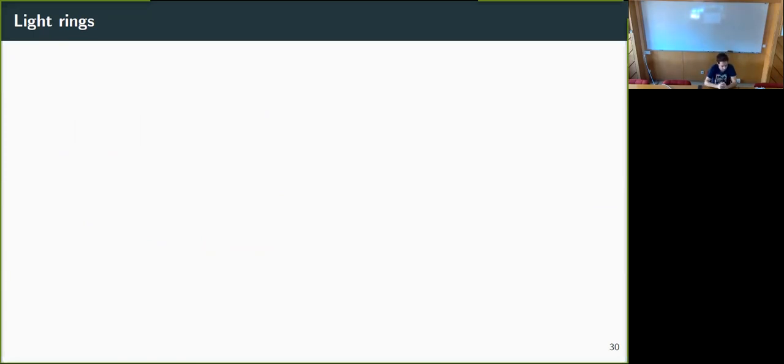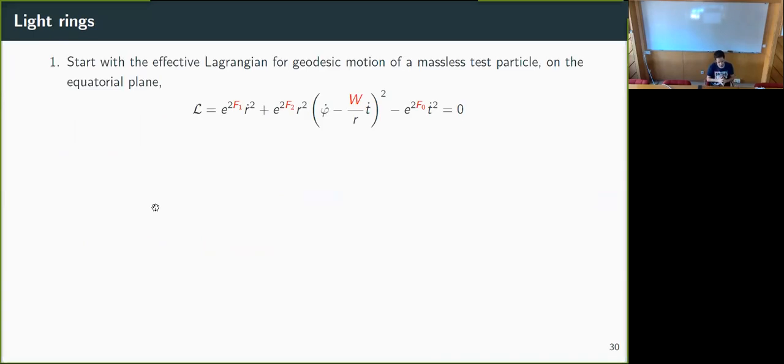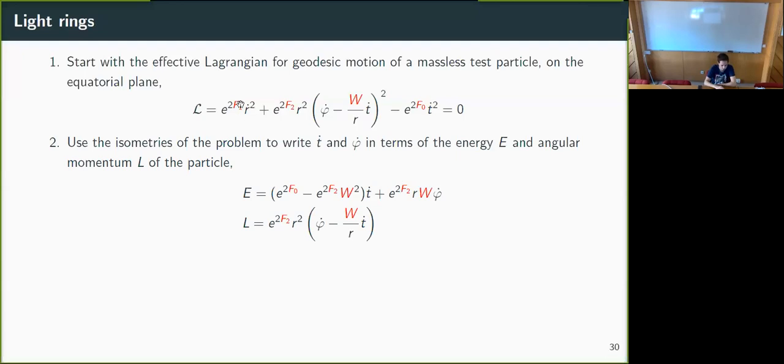Boson stars will develop them. To do this, I have here a quick recipe that you can follow to obtain the light rings. First, you start with the effective Lagrangian for geodesic motion of a massless test particle on the equatorial plane. Then you use the symmetries of the problem to rewrite t dot and phi dot, where the dot is the derivative with respect to the proper time.